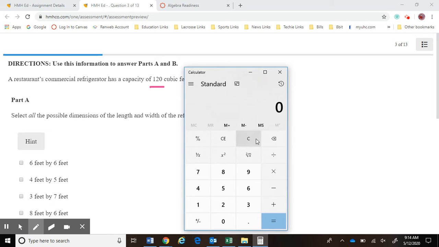We're going to start out with 6 times 6 times 6. Does that give me 120? No, that doesn't give it to me, so the first one is not going to work. 6 times 4 times 5 gives me 120, so this is a good answer.